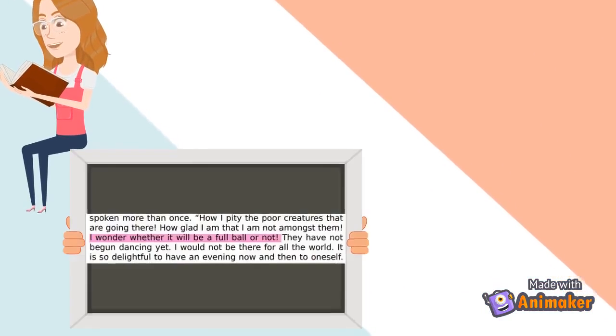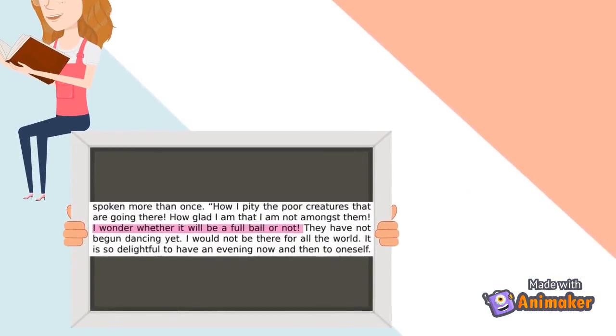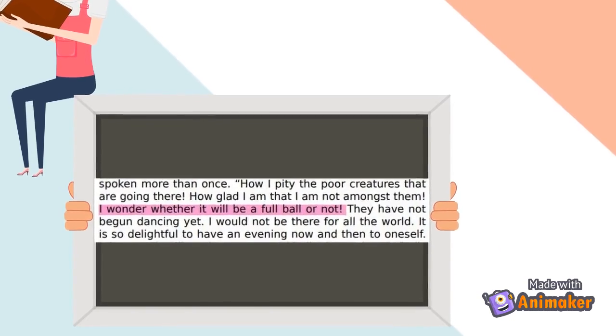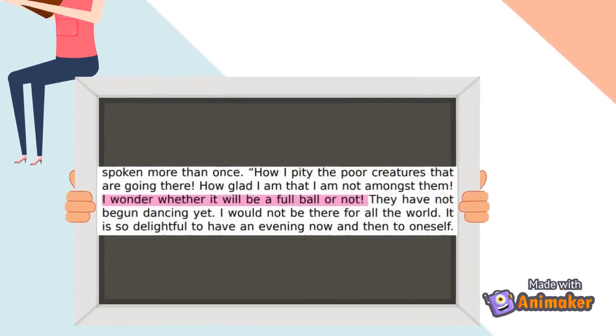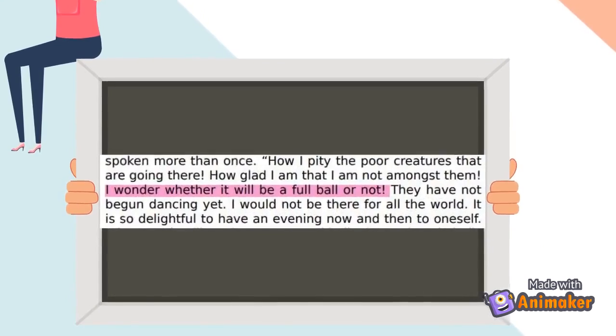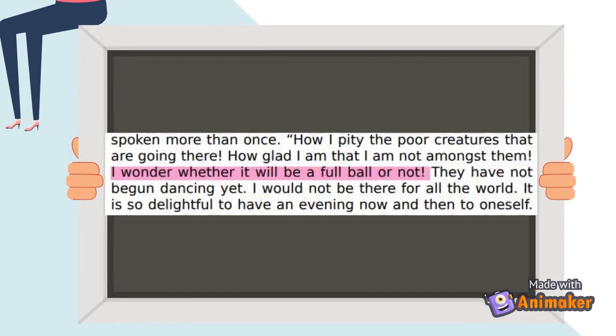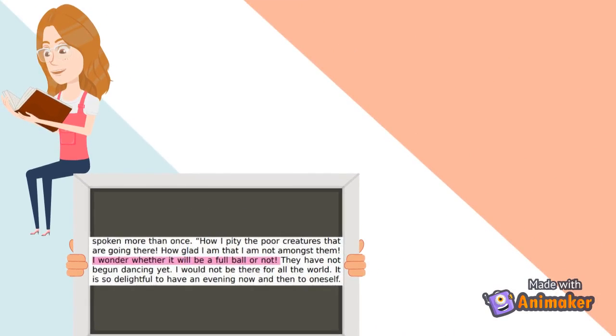This is our third example, and now we know what we have to do before starting to analyze our sentences, right? This example says, "I wonder whether it will be a football or not." In this case, the structure of our clause is an if/whether clause. The function is direct object.